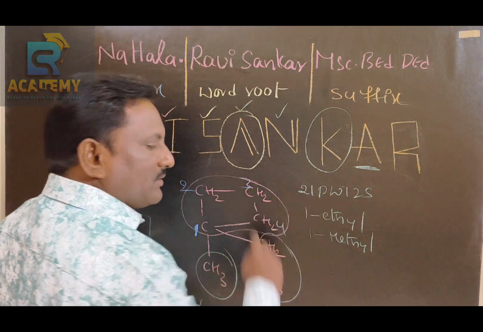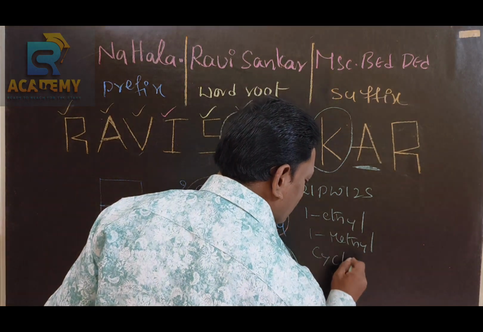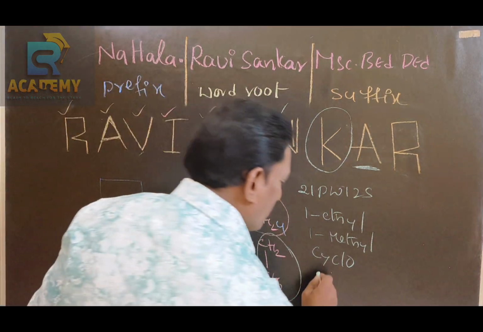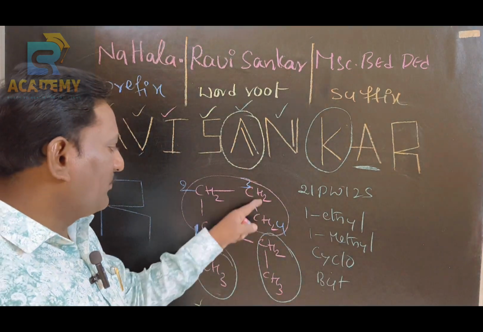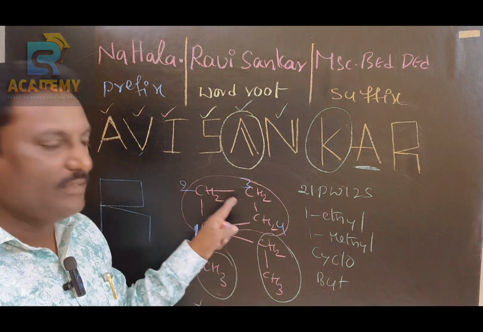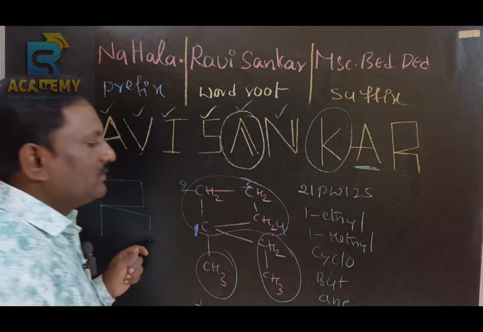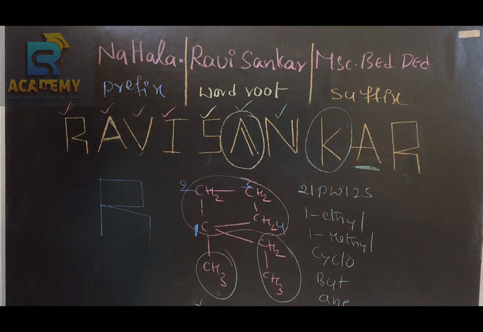Primary prefix: cyclic, so you should use the word cyclo. Word root: four carbons, so but. Primary suffix: ane, only single bonds between carbon and carbon in the parent chain. So there is no secondary suffix. What's the name of this compound?